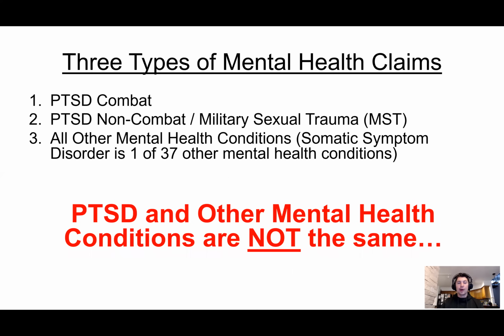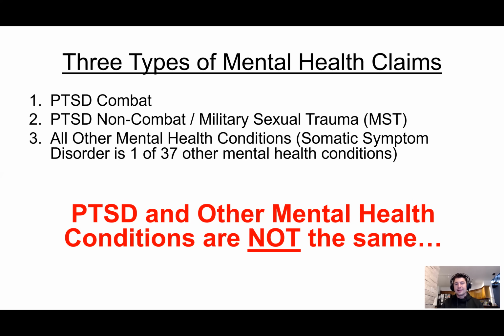Okay, quick here, I want to talk about this because a lot of vets come to us and they're confused about the difference between PTSD and other mental health conditions. When you go to file a VA disability claim, there are three types of mental health claims. There's PTSD combat, there's PTSD non-combat, meaning maybe it's some type of military sexual trauma, MST, or something else, like a car accident, stress from the job, someone close to you committed suicide.